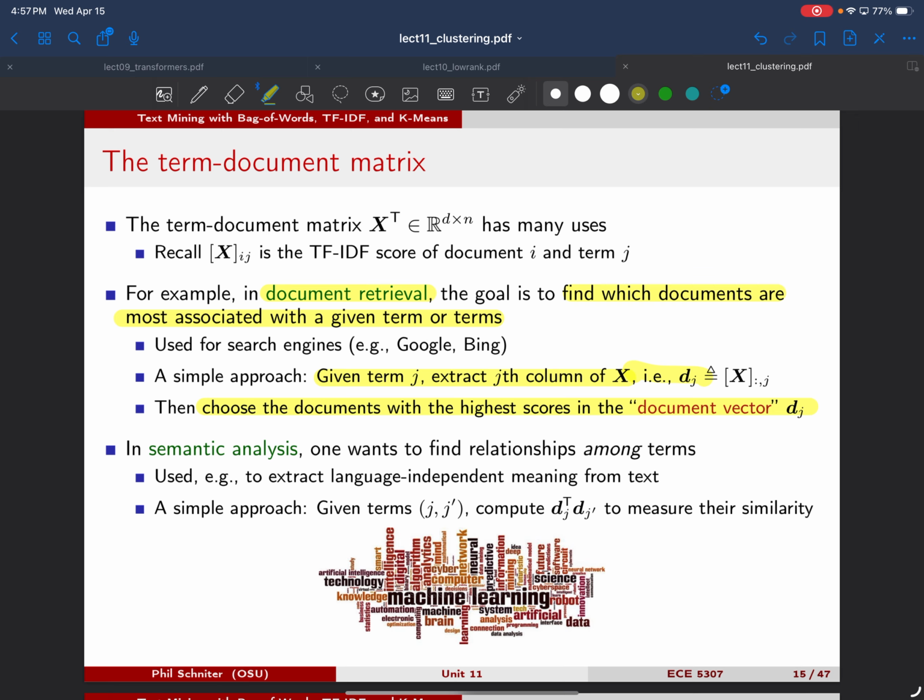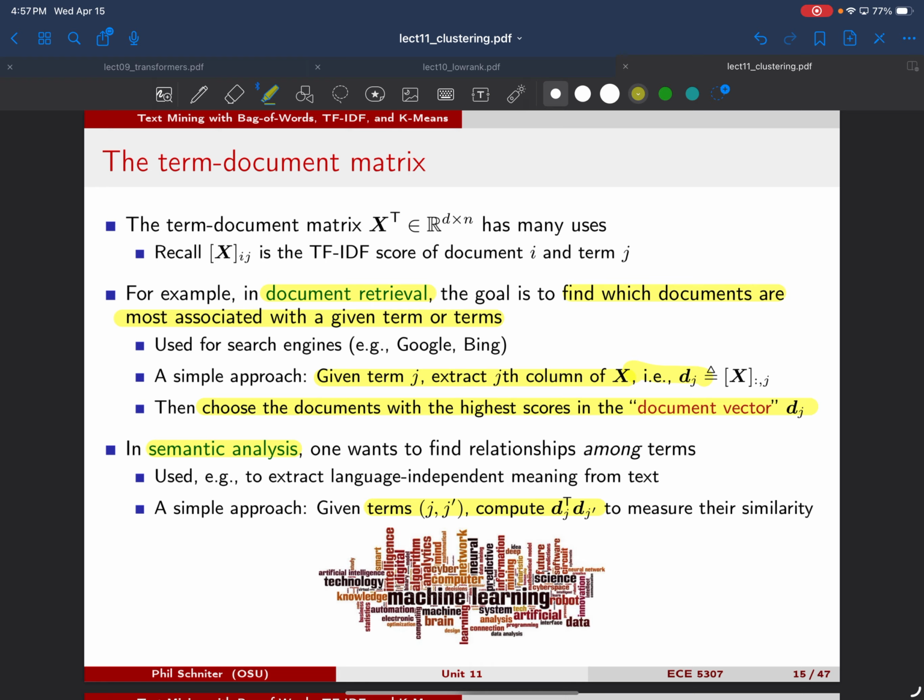Another application would be semantic analysis, where you want to find relationships among terms. So if you extracted different columns of this matrix for, let's say, terms J and J prime, and then you did an inner product, the larger that inner product, the greater the similarity of those two terms.